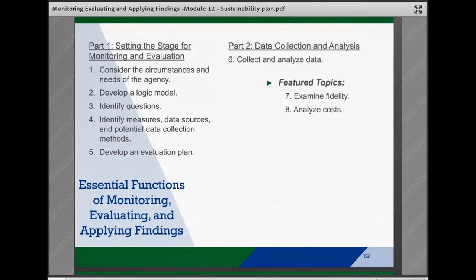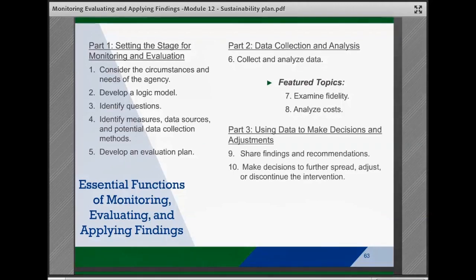Part 2 is collect and analyze data, and it includes collecting and analyzing the data outlined, and then 2 special featured topics that are a version of data collection and analysis, examining fidelity and analyzing costs.